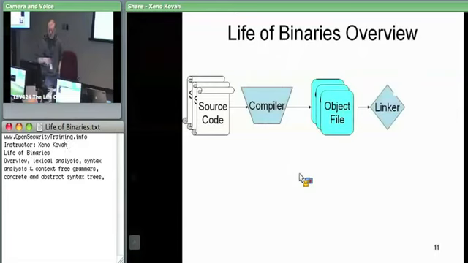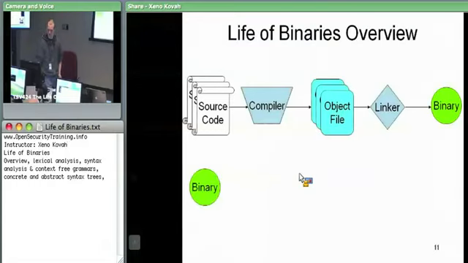Then each of those object files generated by the compiler gets passed to a linker. The linker is responsible for taking each of those independent files and putting them all together. After you pass them through the linker, it generates a well-formed binary at the other end, which is appropriate for execution on the operating system.